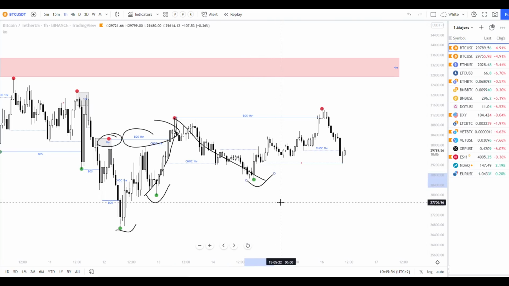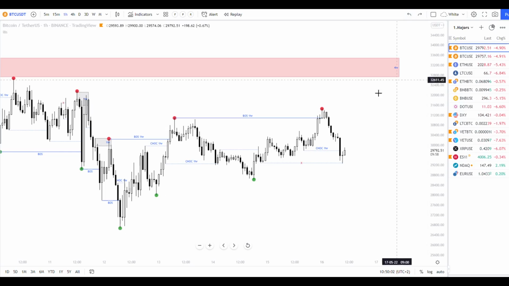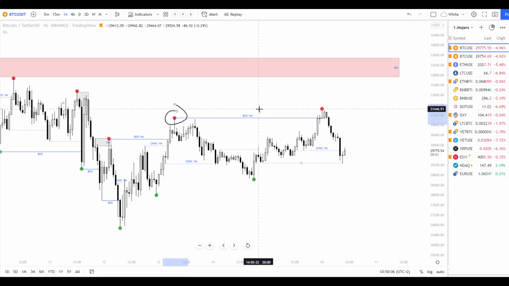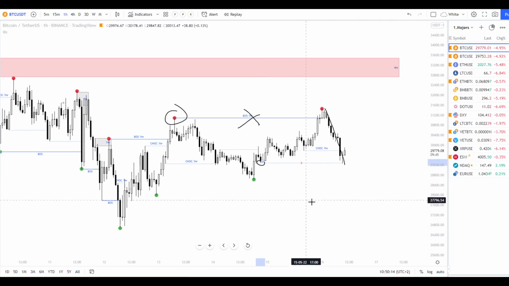We printed again a higher low and moved up. I do believe, however, that the sudden squeeze last night was a liquidity grab. So maybe this should be with a cross liquidity grab coming down. We tipped just below this area, and we are bouncing again.